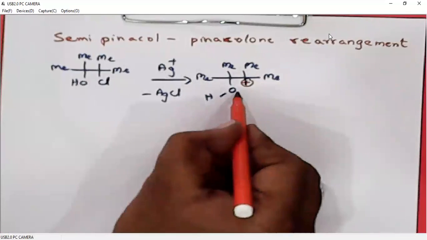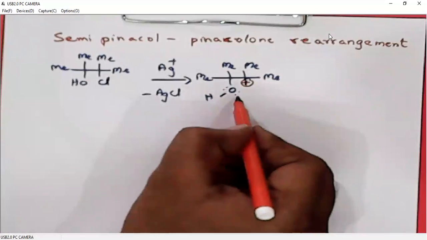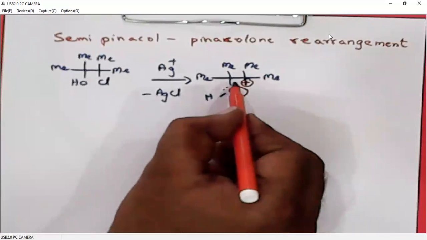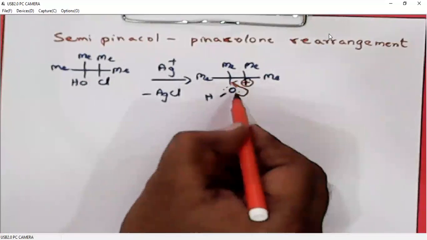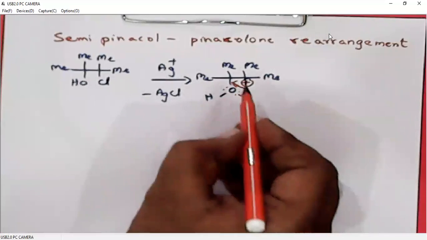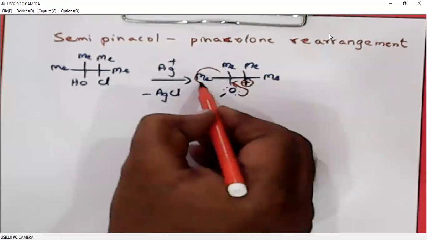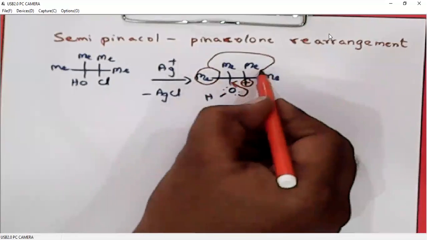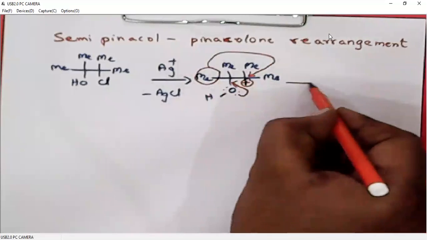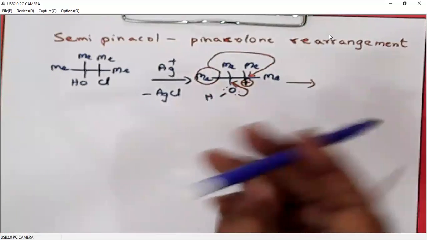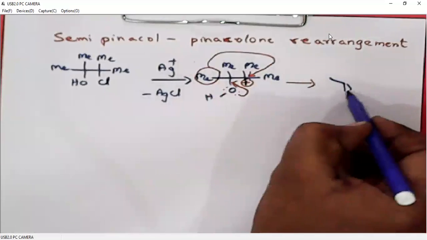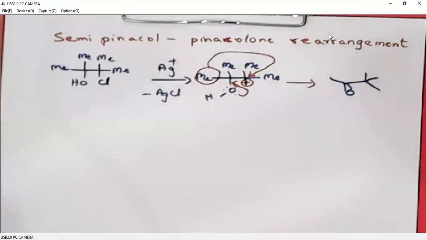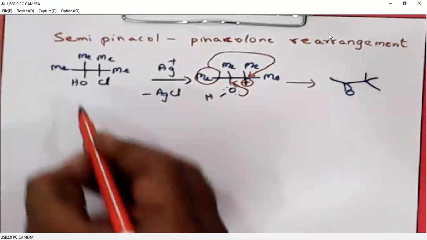Now oxygen pushes its lone pair towards the carbon, generating a carbon-oxygen double bond. One of the alkyl groups from this carbon will migrate here. So obviously the product is pinacolone. This is what is called semi-pinacol-pinacolone rearrangement.